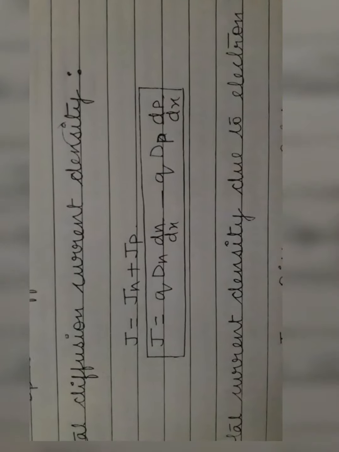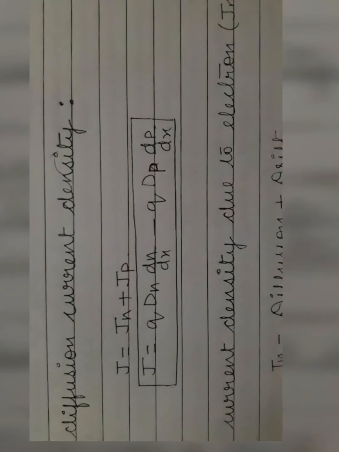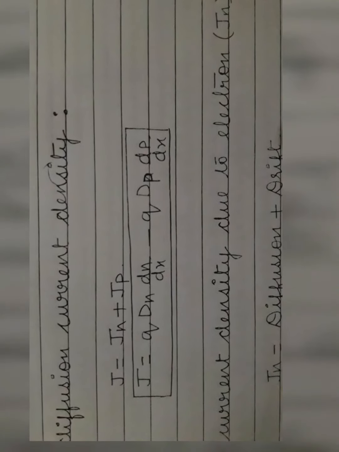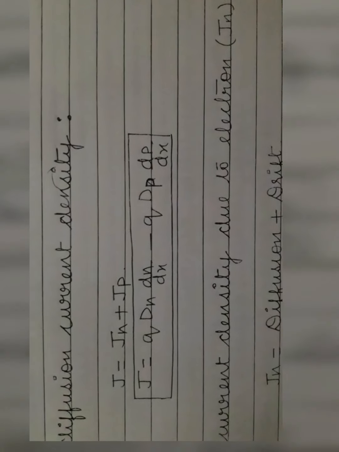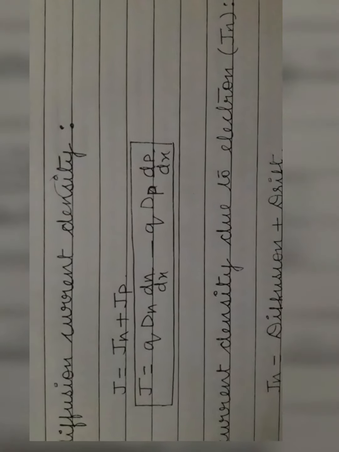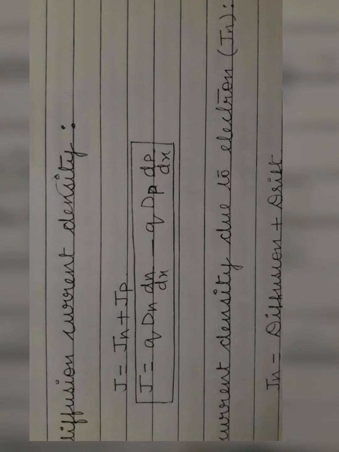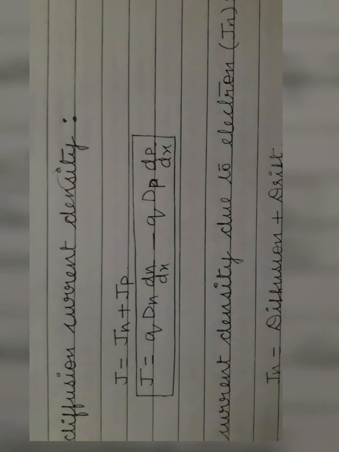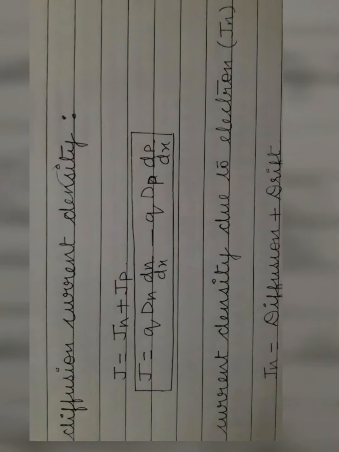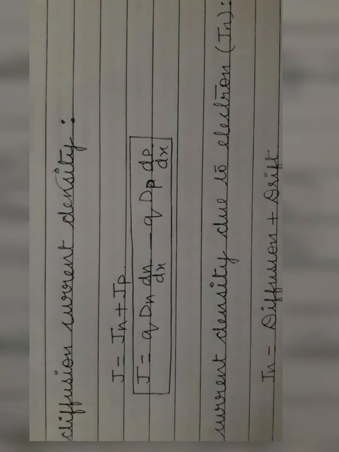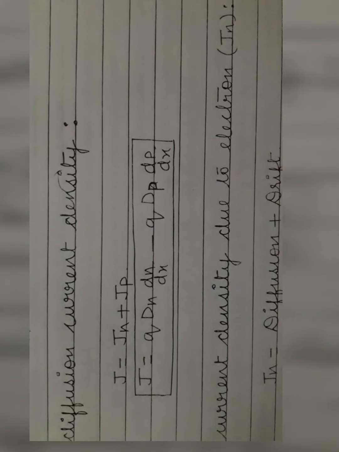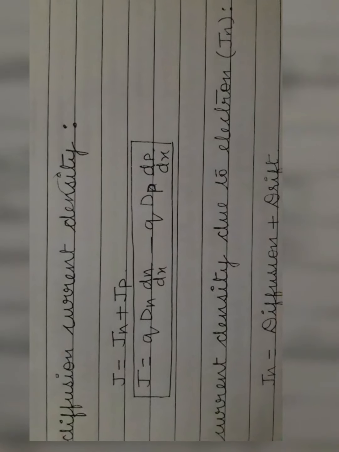Total diffusion current density J equals Jn plus Jp. Jn means current density due to electrons, and Jp means current density due to holes. J equals q Dn dN by dx minus q Dp dp by dx.